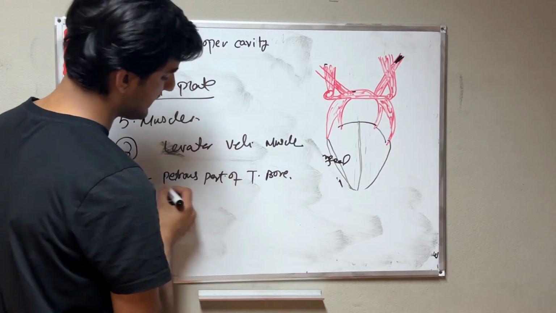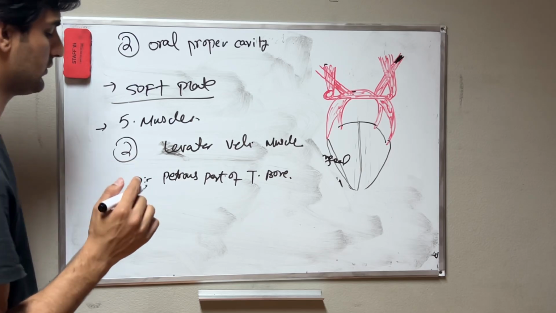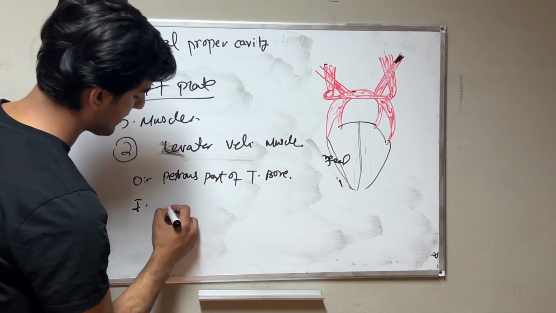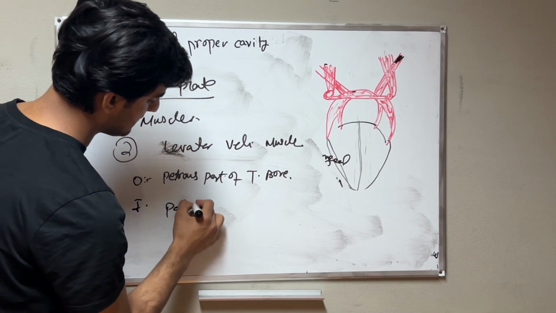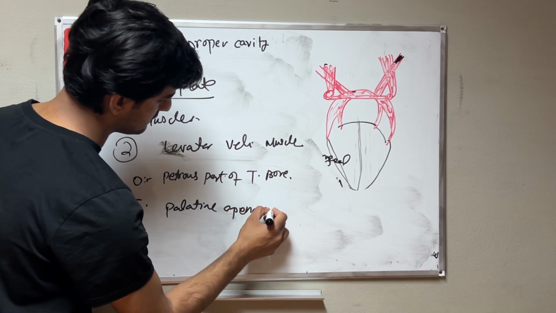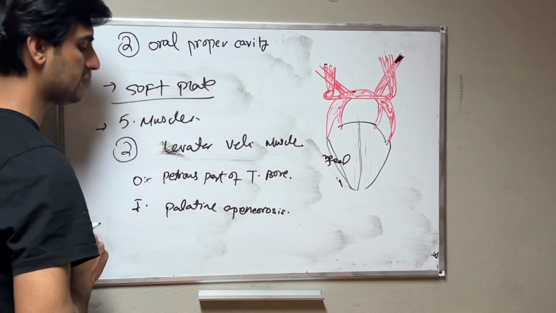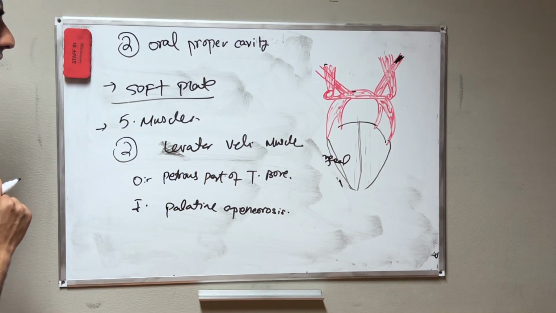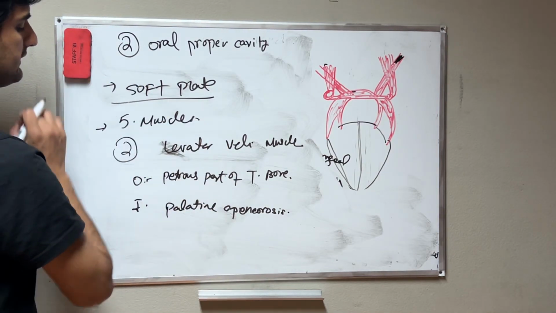You remember the petrous part is in the temporal bone. Then it inserts into the palatine aponeurosis. These are the origin and insertion of the second muscle, levator veli muscle.